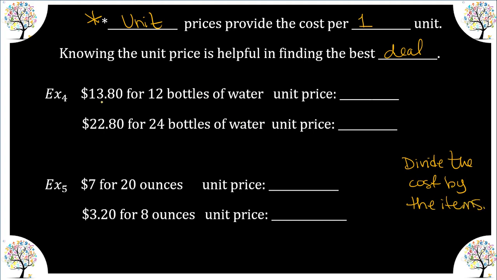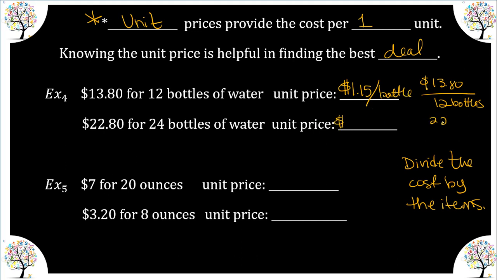So let's find the unit price, for example 4, to see which one is a better deal, how much each bottle of water costs. So we're going to have $13.80 divided by 12 bottles. And when we divide that in our calculator, we get $1.15 per bottle.